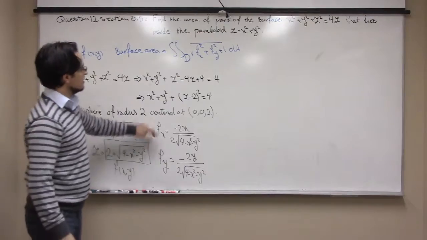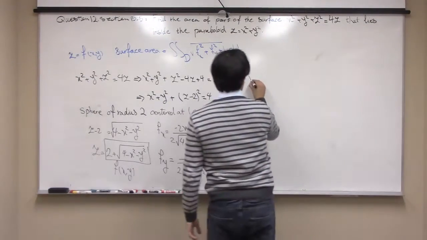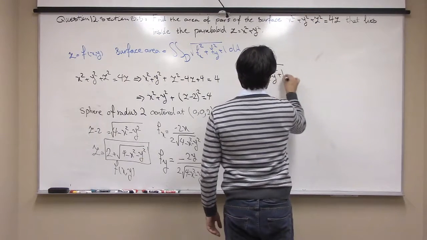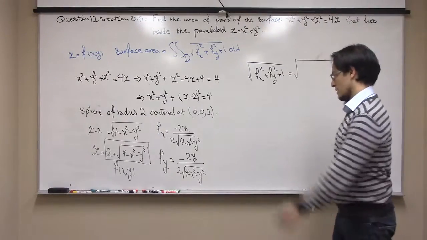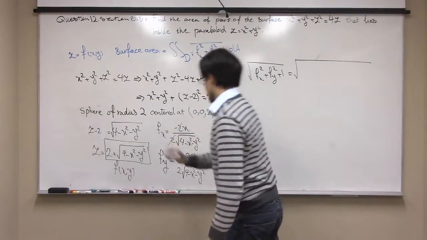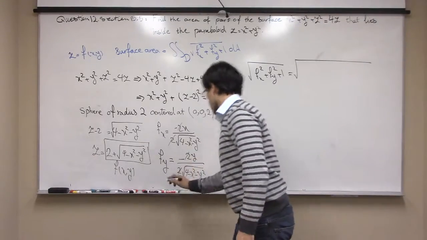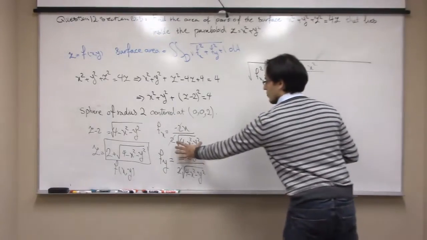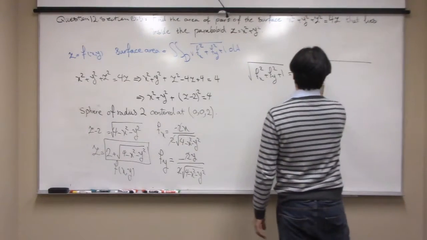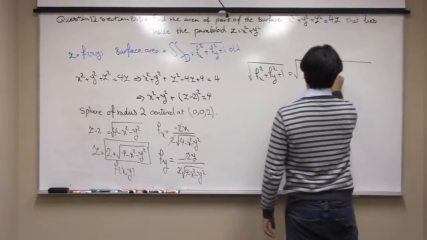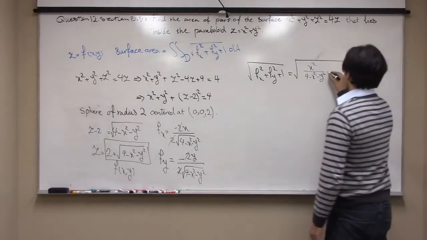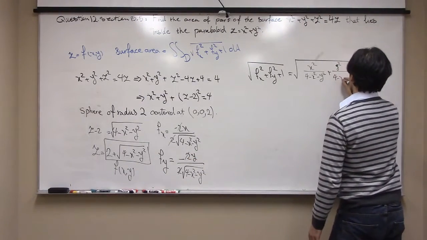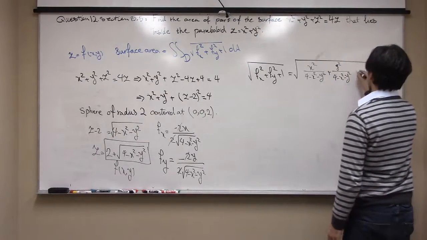Okay, everything is ready to find the integrand. The integrand, which is equal to fx squared plus fy squared plus 1, is this guy squared. Let me cancel the 2s. The square of negative x is x squared, over the square of the square root, which is what we have inside, plus y squared over 4 minus x squared minus y squared, plus 1.